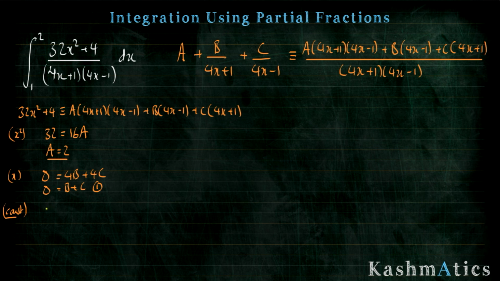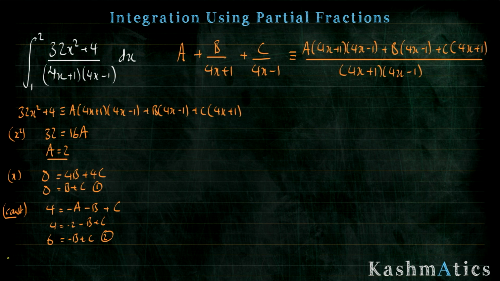Over here I've got 4 equals, now over here I'm going to end up with minus a, plus over here I'm going to end up with a minus b, add over here I've got c. Now because I know a is 2, 4 is equal to minus 2 minus b plus c, which means 6 is equal to minus b plus c, and that is equation 2.